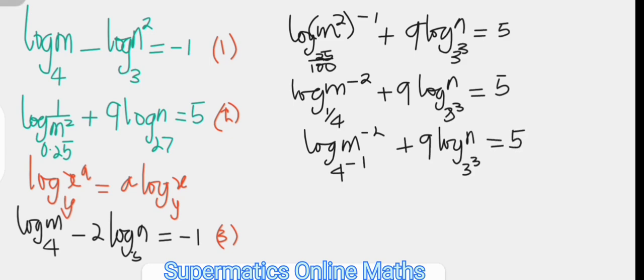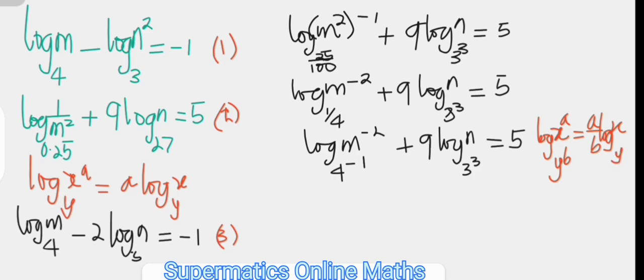Another law of logarithm, which is similar to the first one that we have used, is that when we have the logarithm of x raised to power a to the base of y raised to power b, it is a over b times the logarithm of x to base y.